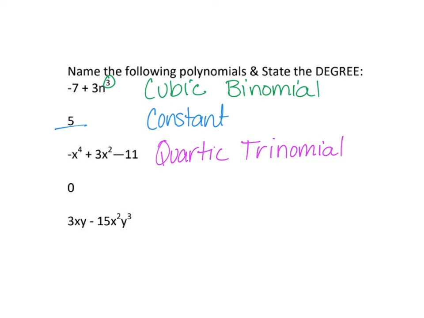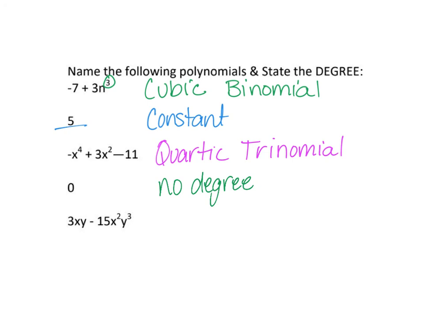Now 0 is a little bit tricky because 0 truly doesn't have an exponent. It really doesn't even exist. So we would say that this one would be no degree because it doesn't exist. Okay. Now, this next one is a little bit tricky as well because it has multiple variables.